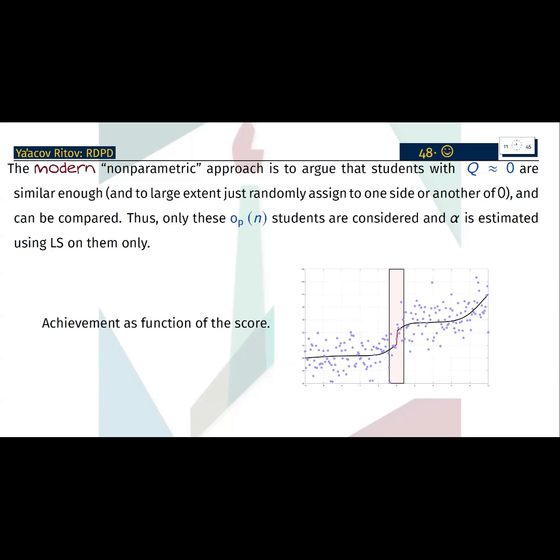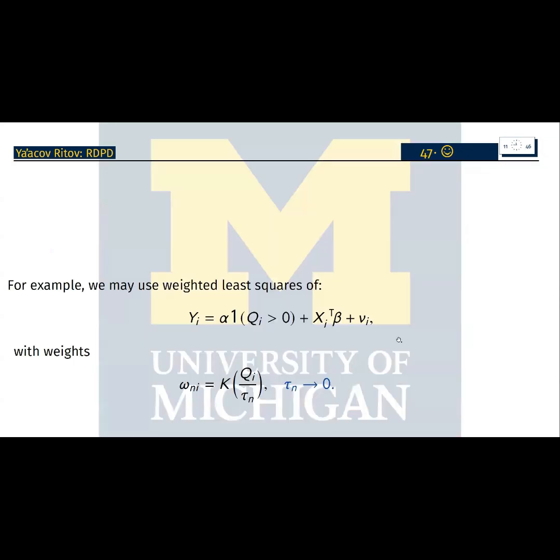So there is immediately one price that is paid here. I have a large sample, all these dots, but my estimator is going to be based only on a very small number of them. So how can I do it? For example, we may use a weighted least squares with kernel, which I associate usually with this department.